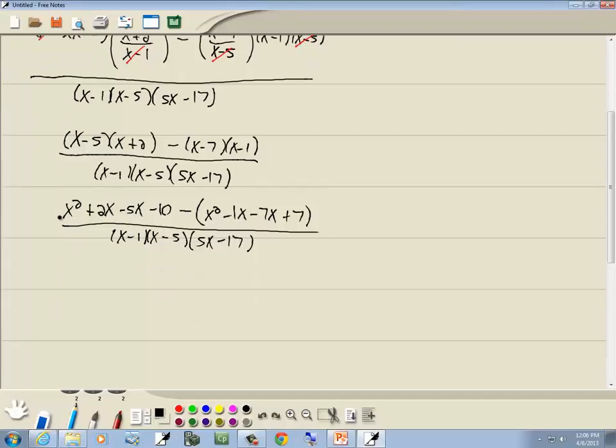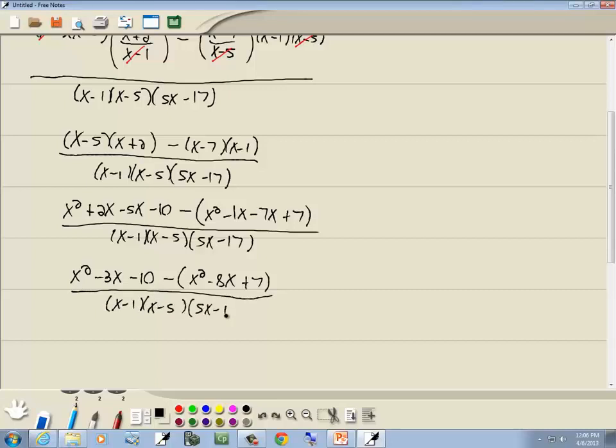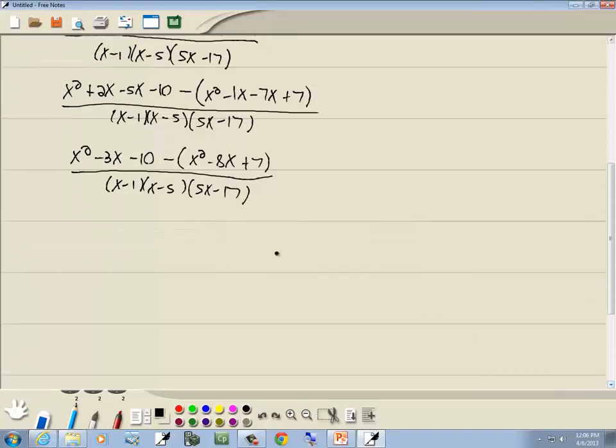Okay, so combine together some like terms. We've got x squared, 2x minus 5x is negative 3x, minus 10, minus x squared, negative 1x and negative 7x is negative 8x, plus 7, all over our denominator. Now remember, if you have a negative out in front of your parentheses, that's going to flip the sign of everything inside.